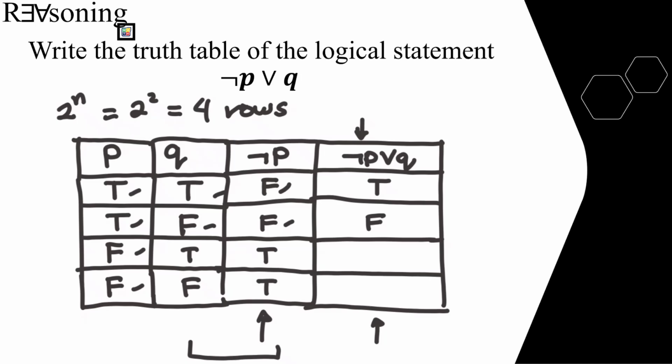Looking into the third row, we have true and true. Of course, we have two true propositions. So we have here true. And finally, for our last row, we have false and true. We have one true proposition. This is also true. With all of this, looking in our fourth column, this comprises the truth value of the logical statement, not P or Q.